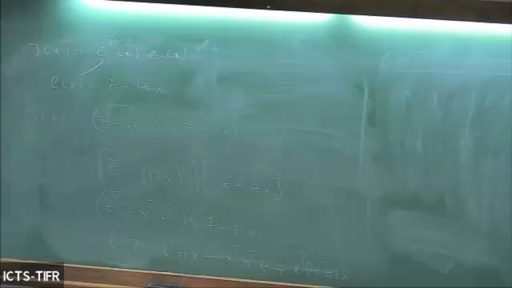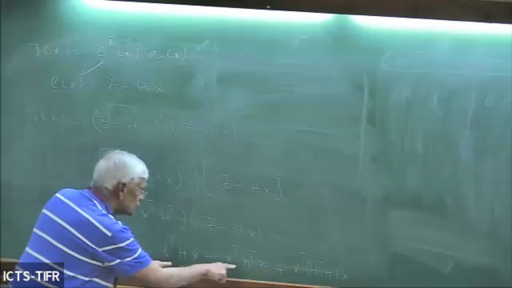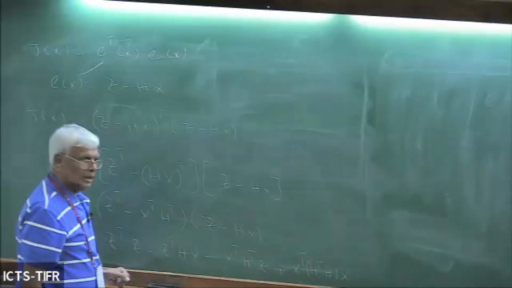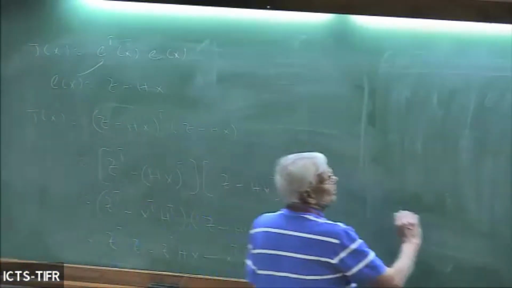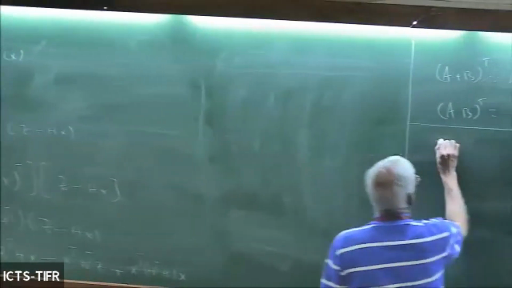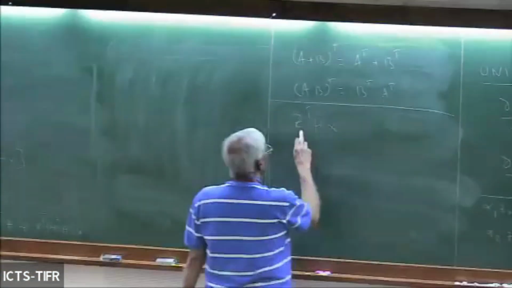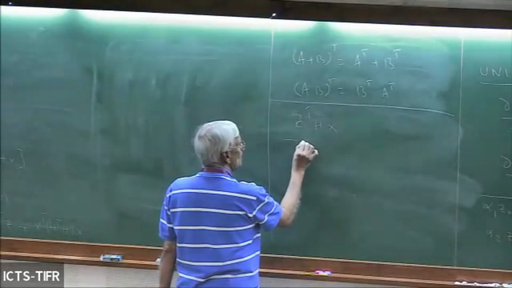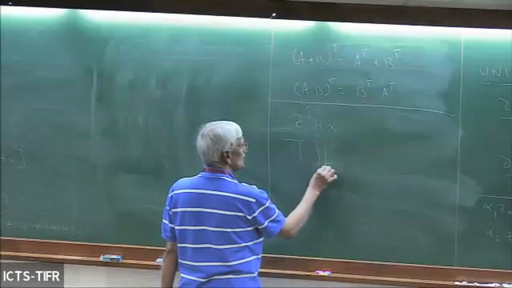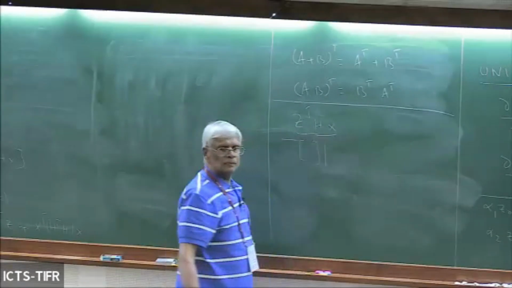All of you with me? Now, I'm going to show these 2 terms are the same. Now, let's look at this: Z transpose HFX. What is Z transpose? That's a row, that's a matrix, that's a column. So this is a scalar.